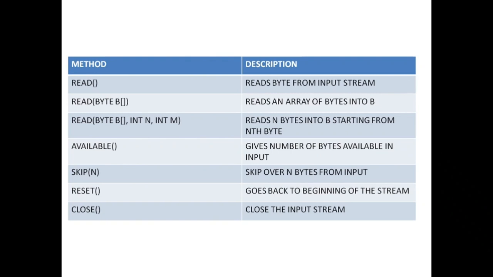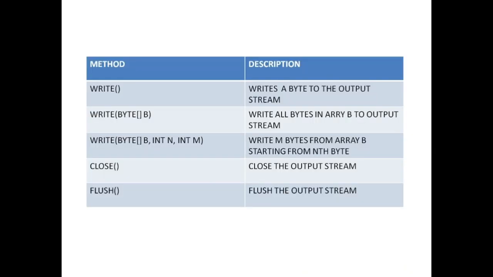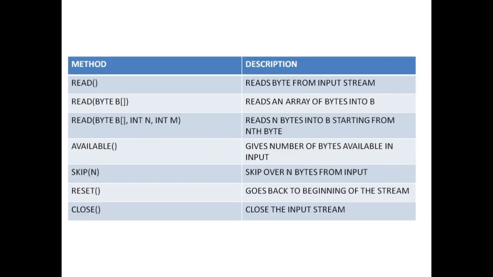The first method is your read method. Let me again remind you, all these methods are defined in your input stream abstract class. So first is your read method. It reads a byte from the input stream. That is simple.